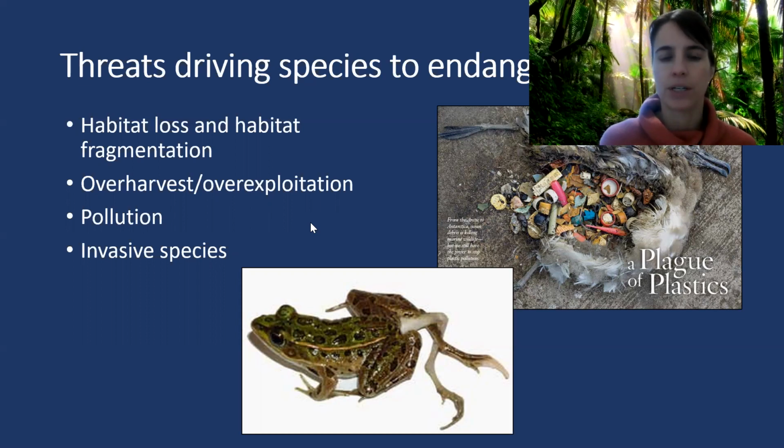From plastic pollution. This pretty gross looking frog down here, the reason that those frogs have those deformities is because there's a parasite that thrives in water that has high phosphate and high nitrate conditions. And if you recognize what phosphate and nitrates are, probably those of you who like gardening do, they're limiting nutrients for plant growth.